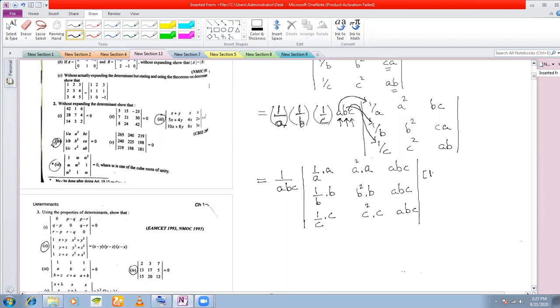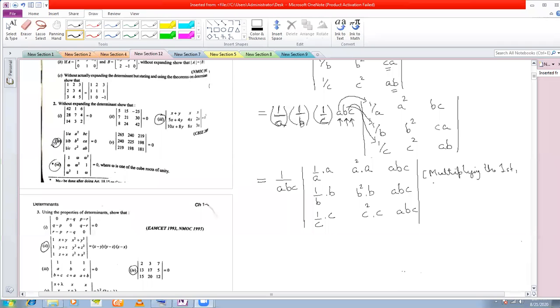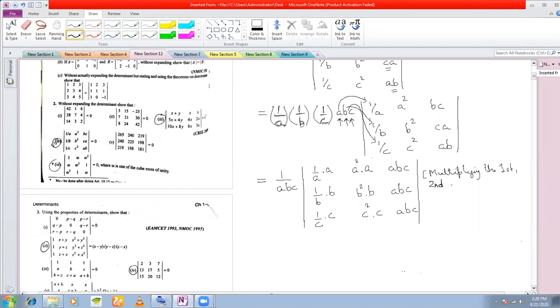In brackets I'll write, multiplying the first, second, and third rows by A, B, and C respectively.